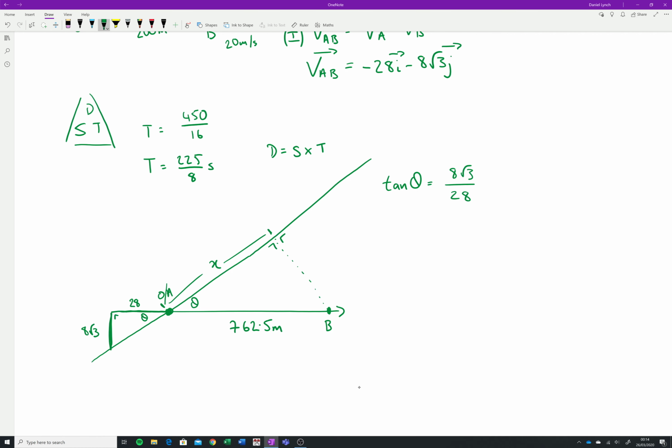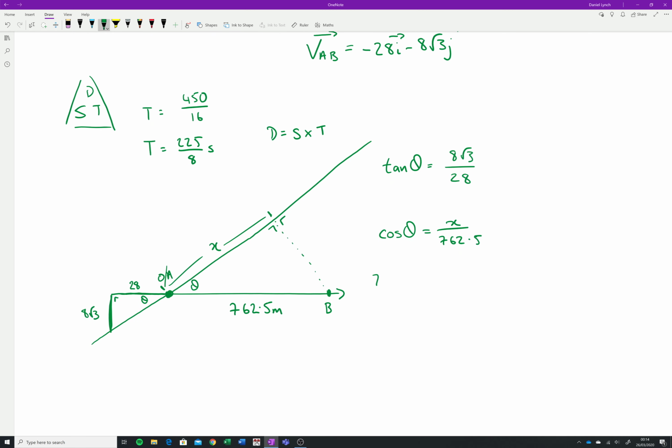And when it comes to our other one, what do we have? We're looking for cos theta, so cos theta is equal to X over 762.5. It's going to be helpful here to find out what theta is. There's a few ways to go about it. I'm always a fan of doing a little bit of Pythagoras' theorem and going from there.